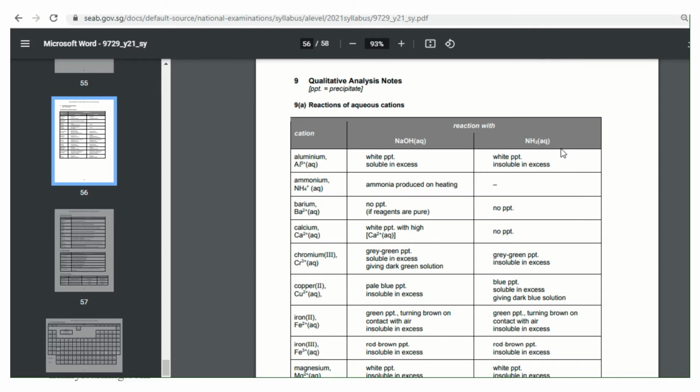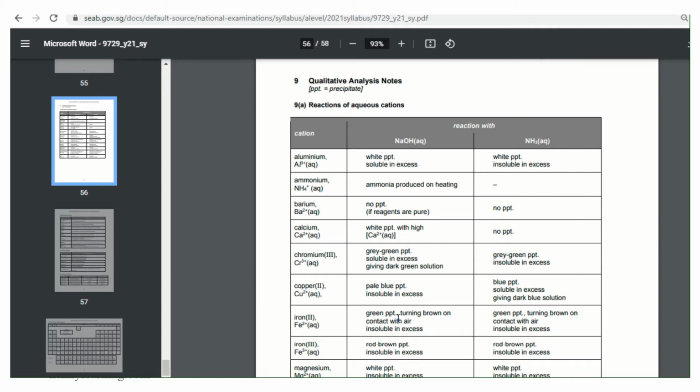You notice from all your QA notes, they'll tell you whether there is a precipitate or not, and if there's a precipitate, they'll tell you what color it is, like for example, white, gray, green, and so on. So the first step, when you add sodium hydroxide or aqueous ammonia dropwise, you're testing for whether there is any precipitate, and if there is, you need to record down the color.